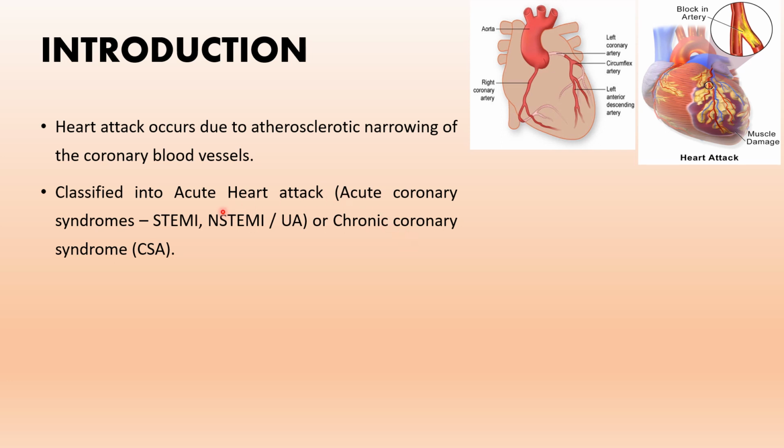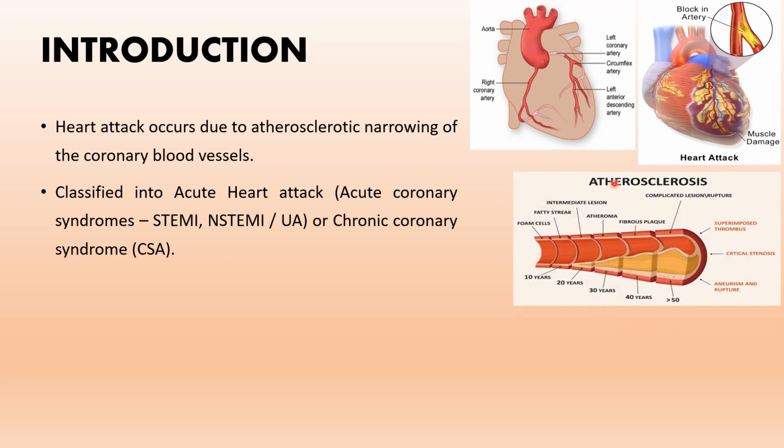The acute coronary syndromes we call STEMI, ST elevation MI, NSTEMI, non-ST elevation MI, or unstable angina. These are the types of presentation in acute heart attack. And chronic coronary syndromes we call chronic stable angina.